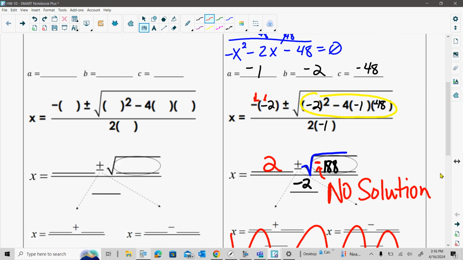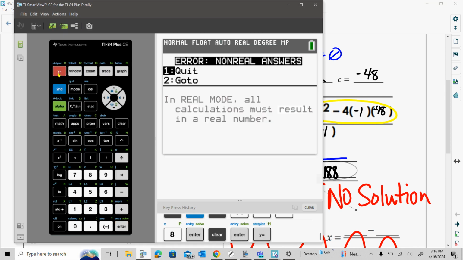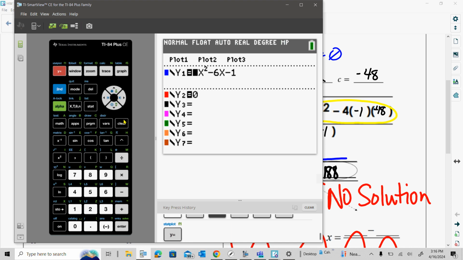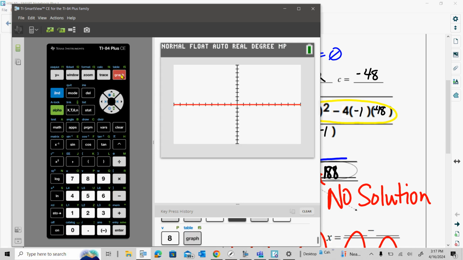If I go back and put this in my calculator, I'll show you real quick. I go to y equals and type in negative x squared minus 2x, and then minus 48, and I graph it.